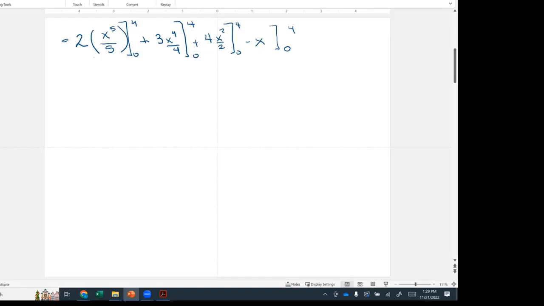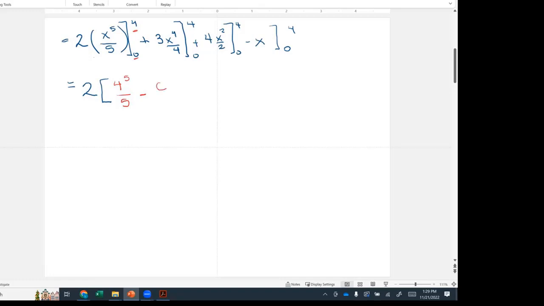And now basically we just plug in our values. So this is going to be equal to 2 times, and the first thing I do is I plug in 4 for x. I plug in the top number. So I have 4 to the 5th power over 5. And I subtract, I plug in the bottom number.